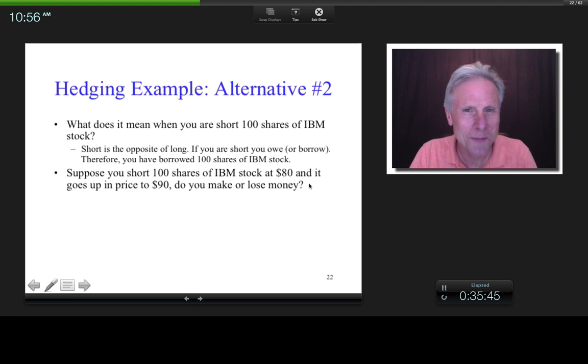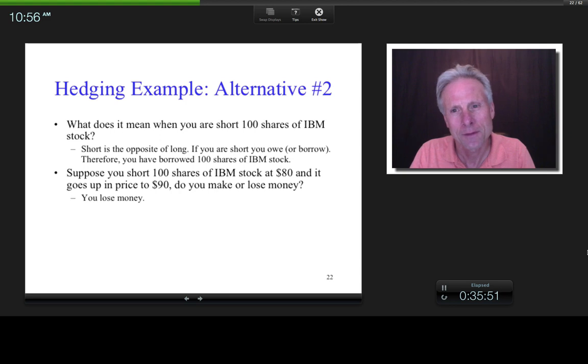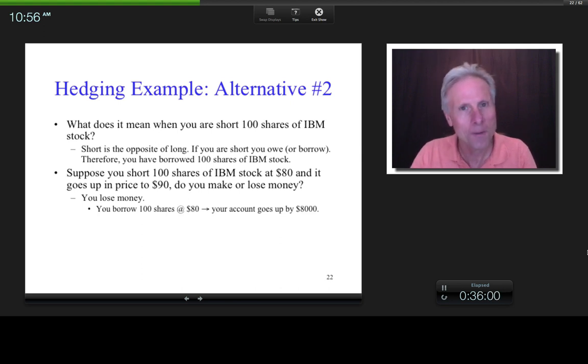So when you're short something, and that something goes up in value, have you made or lost money? You've lost money. So again, re-emphasize, you borrowed 100 shares at 80, your account went up by $8,000.